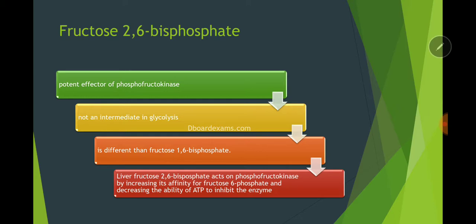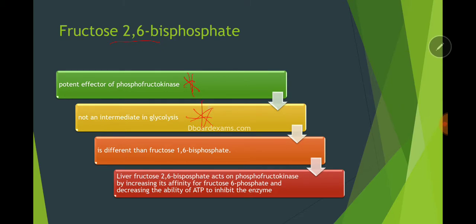So it was found that this molecule is a potent effector of phosphofructokinase. We have reviewed the activity of phosphofructokinase in the previous lecture, glycolysis lecture 3. However, this molecule is not an intermediate of glycolysis.